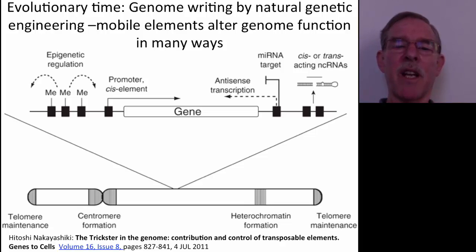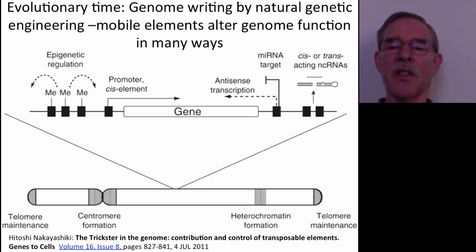They can come in as cis-regulatory elements for transcription, such as novel promoters or novel enhancers. They can also become promoters and lead to transcription in the opposite direction and produce antisense transcripts, which can play a role in preventing messenger RNA expression.